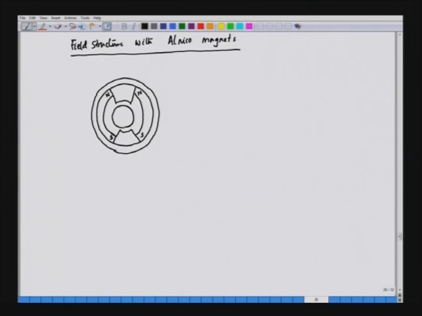We have the rotor. This portion is a magnet, and this is the pole shoe, which is made up of soft iron, and this part is the rotor.